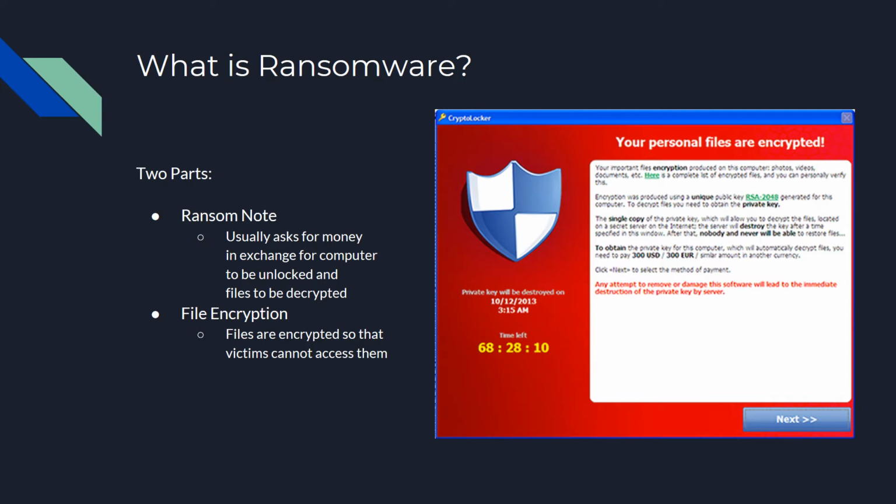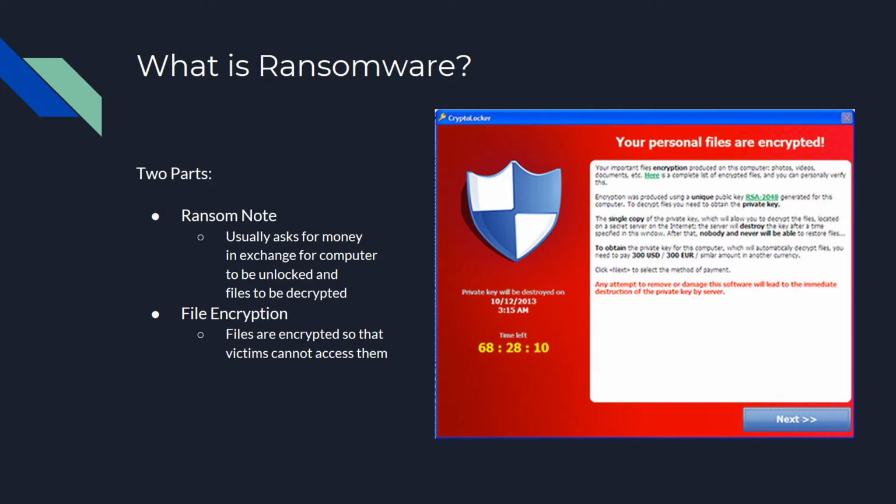You'd have to pay the quote unquote vendor or team behind the attack a sum of money in order to unlock your system. That's one part, and then some of the more advanced types of ransomware also include file encryption, meaning that not only is your computer locked, but if you were somehow able to bypass the lock screen, your files would still be encrypted and you wouldn't be able to access them without getting a key from the vendor by paying that sum of money.